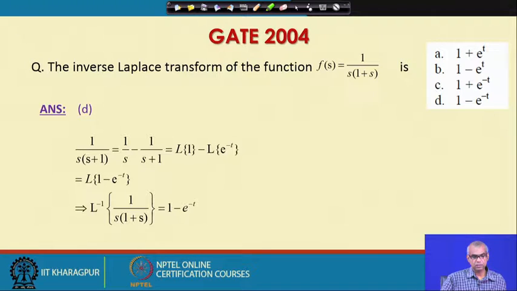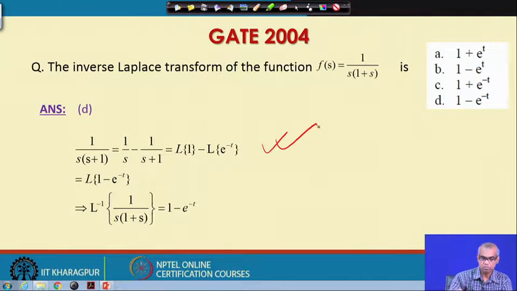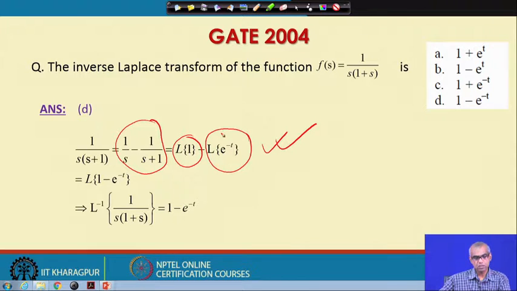You can find the inverse Laplace transformation following this. So, 1 by s into s plus 1 is first written as 1 by s minus 1 by s plus 1. 1 by s is Laplace transformation of 1, 1 by s plus 1 is Laplace transformation of e to the power minus t.